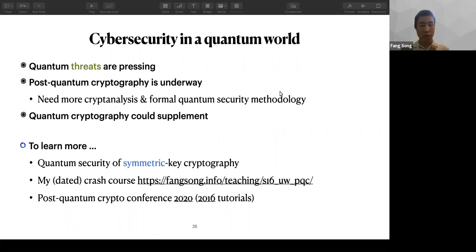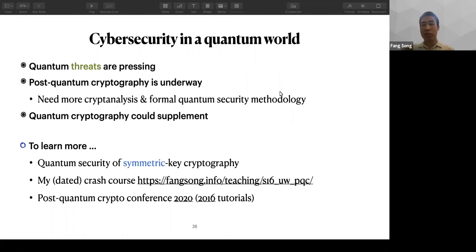Although quantum computers have proven this extraordinary power for solving some of the problems not believed to be in P, in the meantime, there's evidence saying a quantum computer probably cannot solve NP complete problems either.